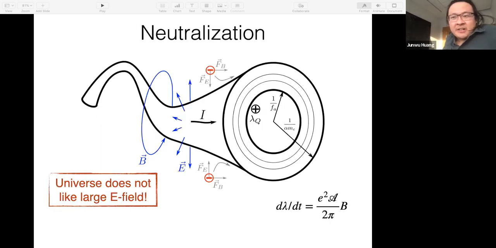And as Marcus was saying, when you have something that is really highly charged in the universe, electrons are going to move around and it will be canceled. Okay, and that's exactly what happens. So here I'm showing you an axion string, which is carrying a current and a positive charge.